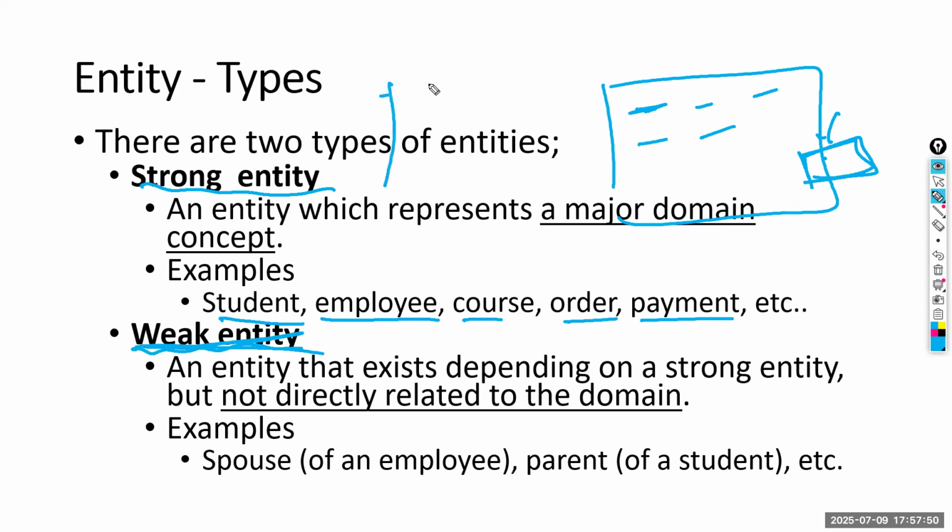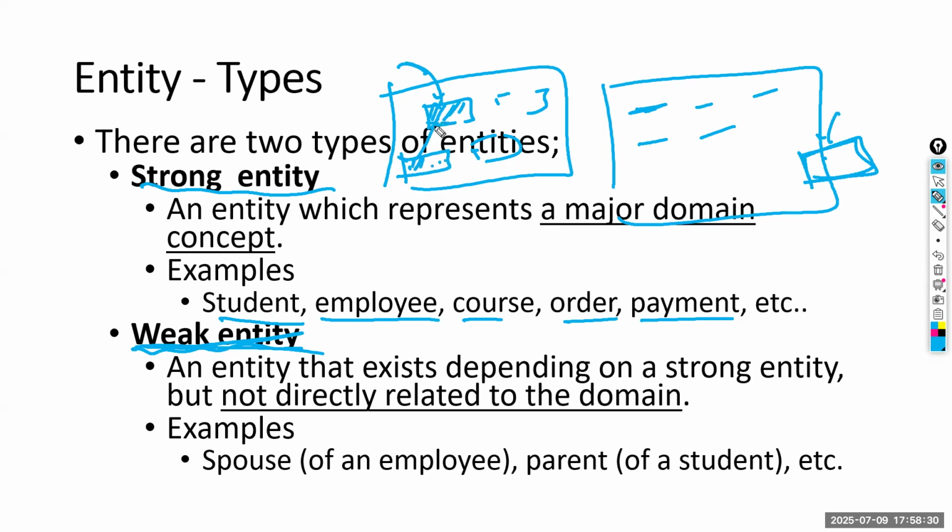Maybe in an employee management system, employee is a major concept, a strong entity, as are department and projects. But what about the employee's spouse, meaning husband or wife? Of course, the spouse is not part of our organization. But sometimes we need to keep details about the spouse of the employee, for example if there is a health insurance scheme. Usually not only the employee but family members are also covered.